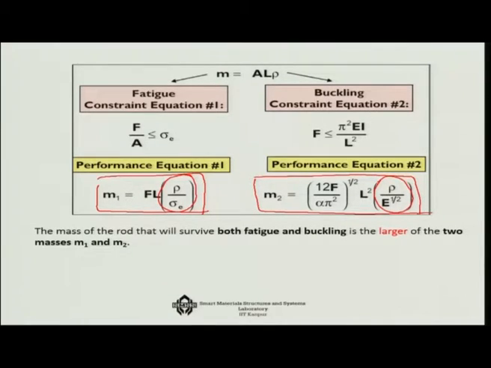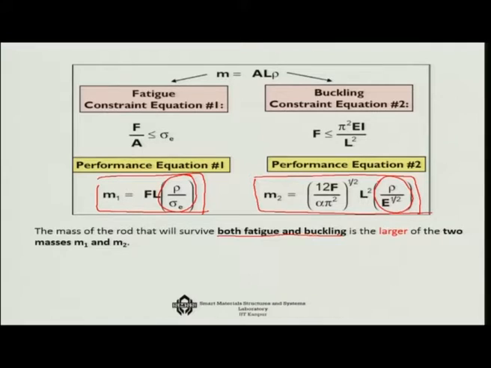So when the rod has to survive both fatigue and buckling, the mass should be the larger of the two masses, right? Because if M1 gives smaller mass than M2, then M2 becomes critical for us, because otherwise it is going to fail in buckling, and vice versa. That means if M2 becomes smaller than M1, then M1 becomes critical for us, otherwise it is going to fail in fatigue.